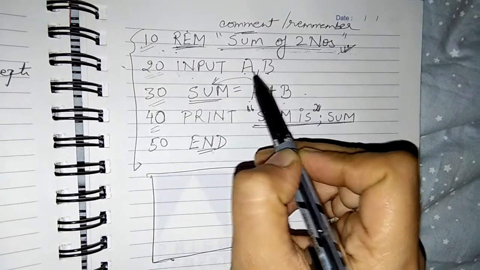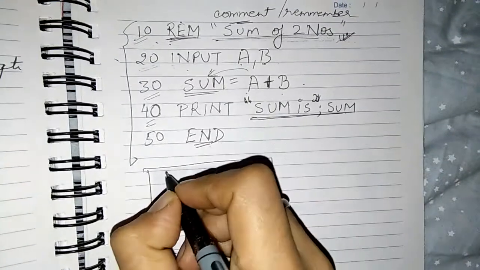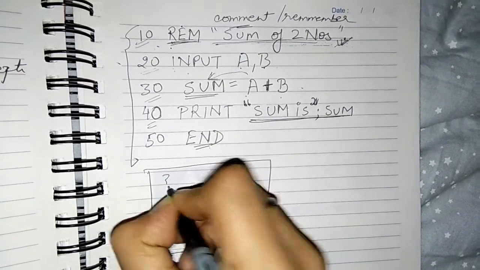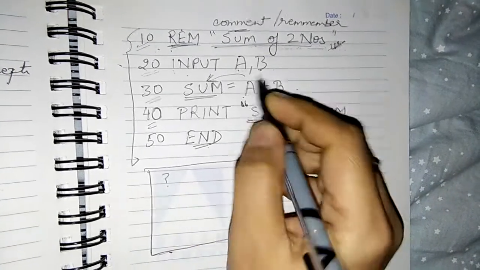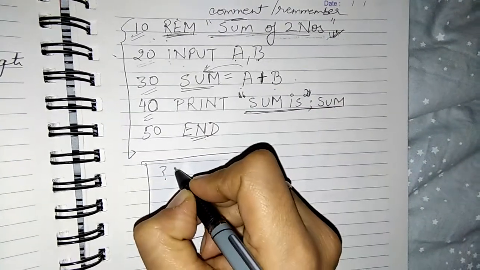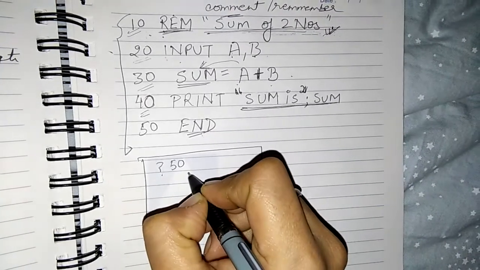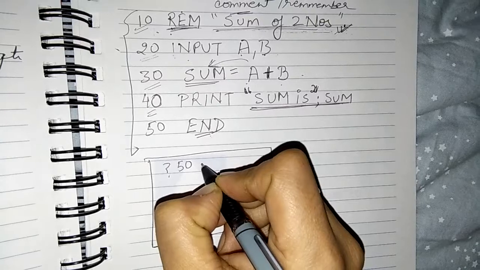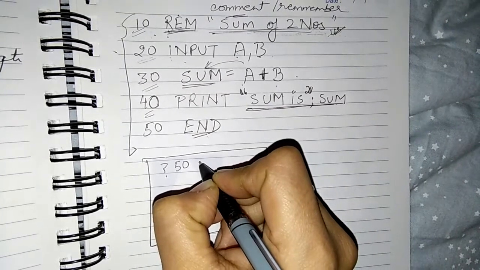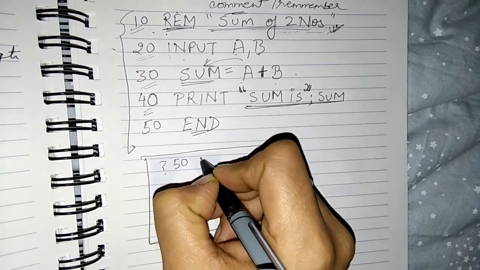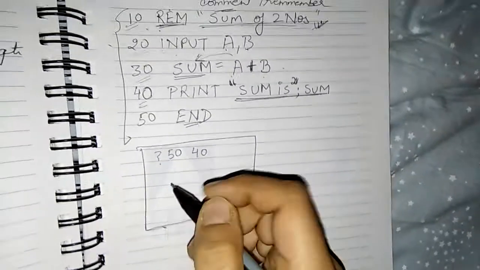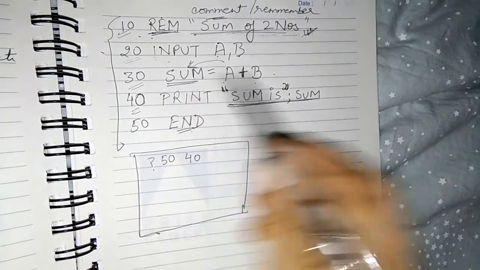Now, input A comma B means, in BASIC, a question mark appears asking for a value. For the first value, suppose I give 50, then it will wait and ask again for the second value. Suppose I have given 40. Now it will find the sum.